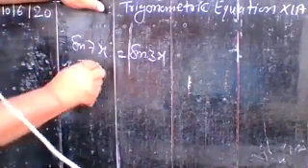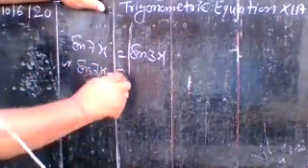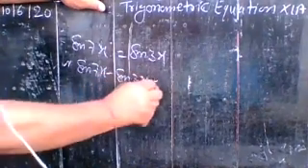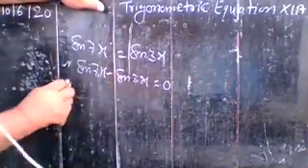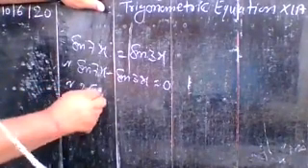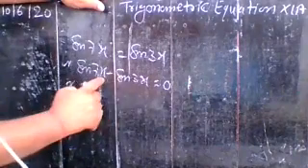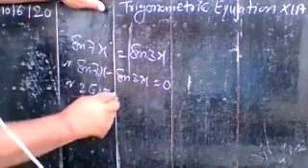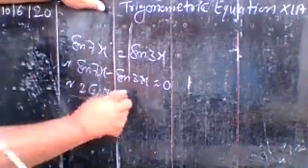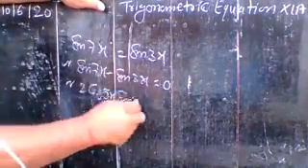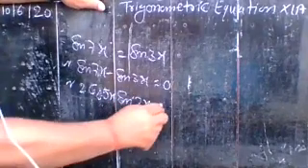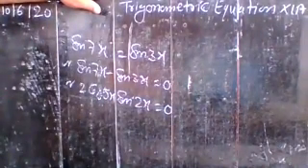So sin 7x minus sin 3x is equal to 0. Now applying the formula for sin x minus sin y, that is 2 cos (x plus y)/2, so 10x by 2, so here we write 2 cos 5x, and sin (x minus y)/2, so 4x by 2, so you have sin 2x, and it is equal to 0.